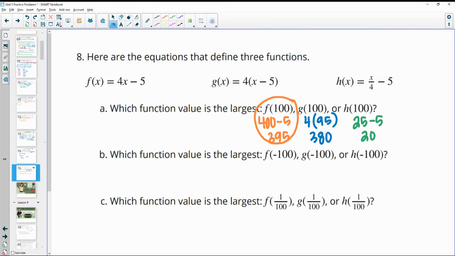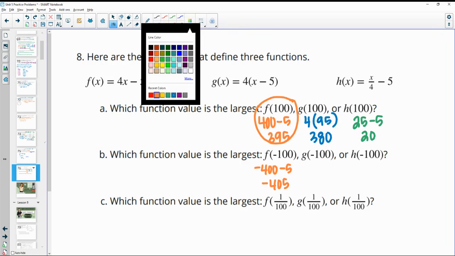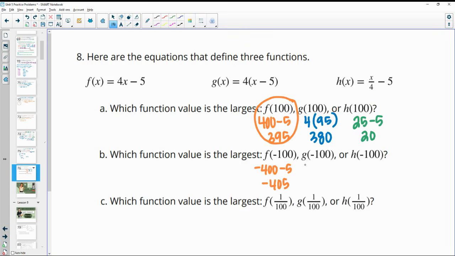B, which value is largest if we plug in negative 100? So if we plug in negative 100 to the f function, we're going to get negative 400 minus 5, which is negative 405. For g of negative 100, we're going to have 4 times negative 105, which gives us negative 420.